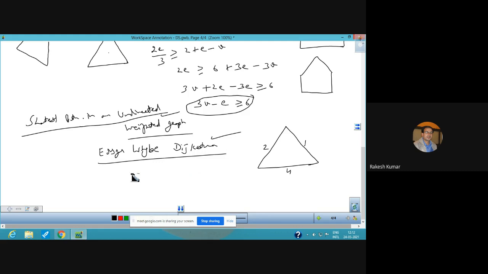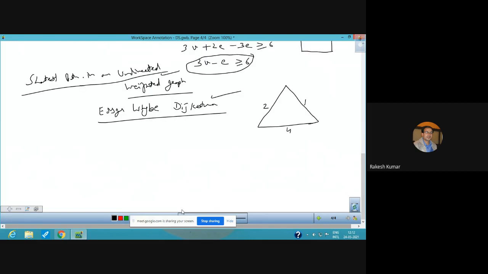Remember, we are talking about the shortest path between a pair of vertices. Shortest paths are always helpful in the traveling salesman problem, so that a salesman can travel minimum and earn maximum profits or maximum sales.